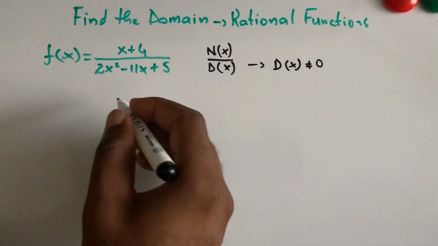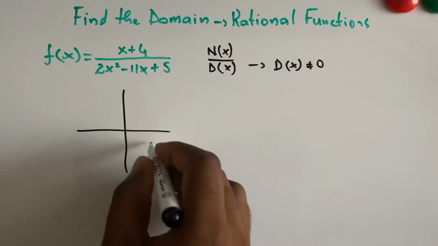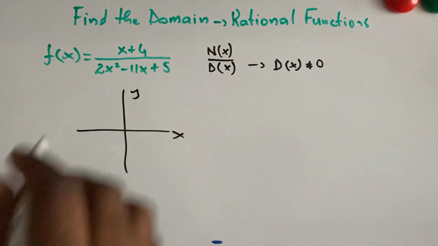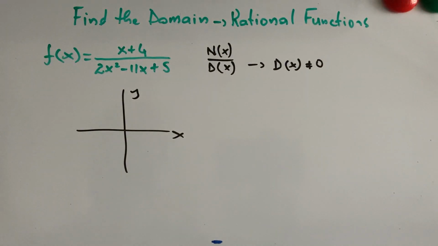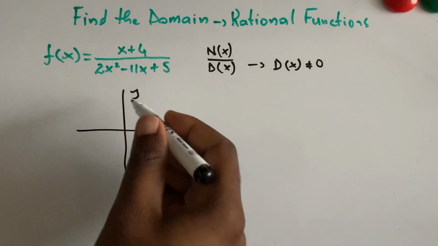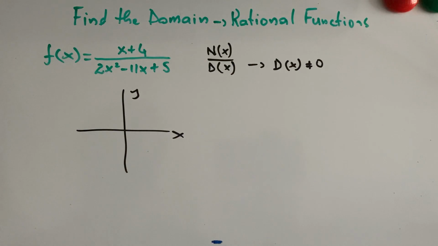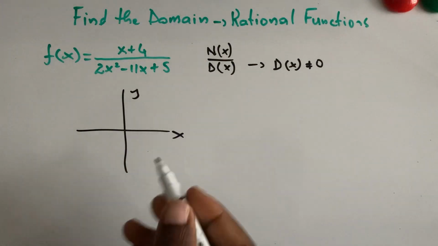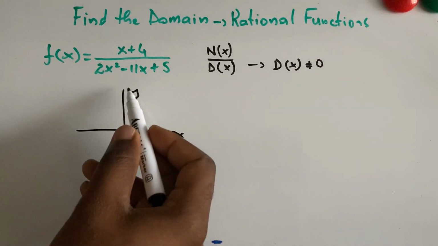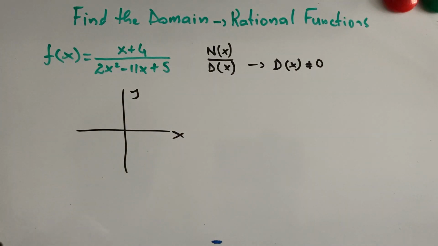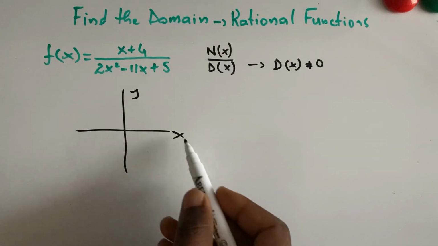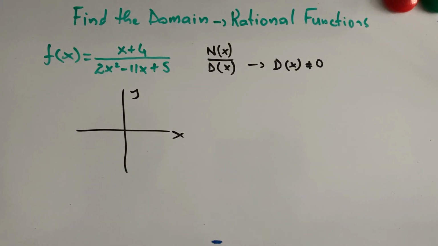If you think of the coordinate plane, x values and y values, you're talking about the input values, the x values, for which a y value would still exist, okay? So the domain would contain all the x values for which a y value exists. You can actually find a y value when you input the x value, okay?